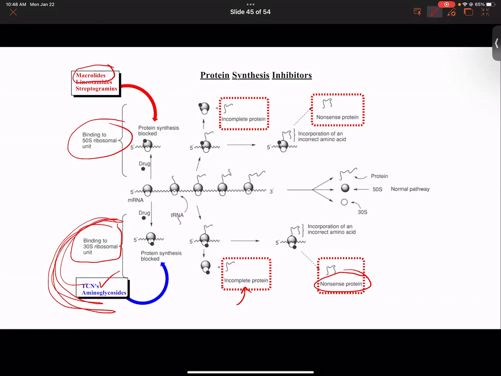In particular, these are the macrolide antibiotics. The macrolides, azithromycin, clarithromycin, and then historically speaking, erythromycin. Again, you get incomplete proteins that do nothing then for the bacterial cell.